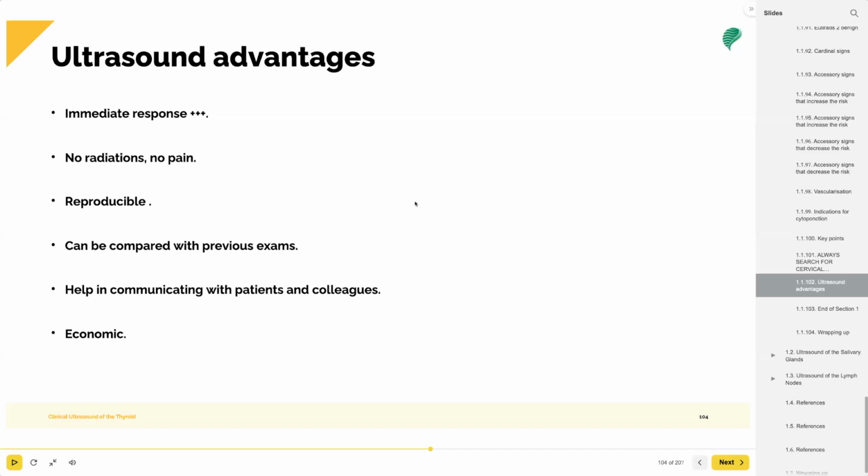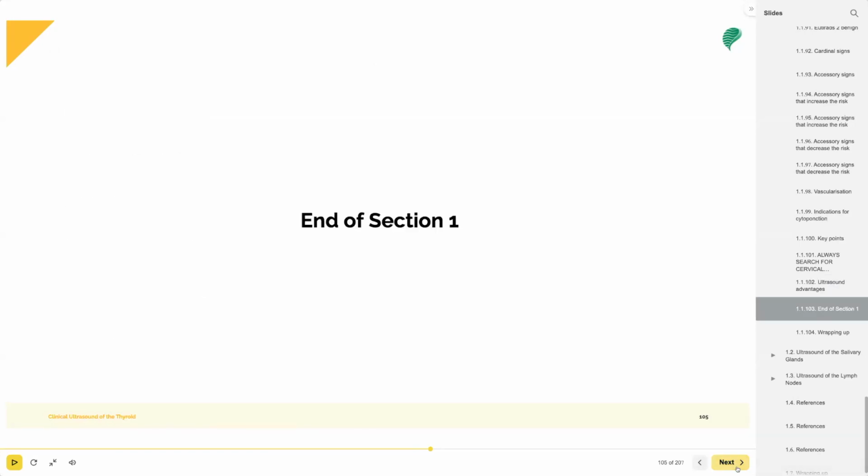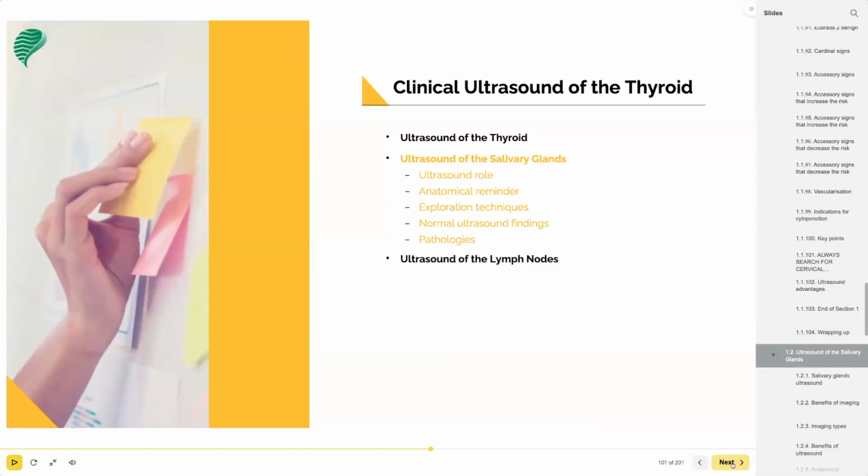It also helps with communication between colleagues and patients. It's important to note that if I'm scanning a thyroid and I notice an enlarged lymph node, the next person scanning that patient, maybe in 6 months to a year, can compare that lymph node and continue the patient's care.